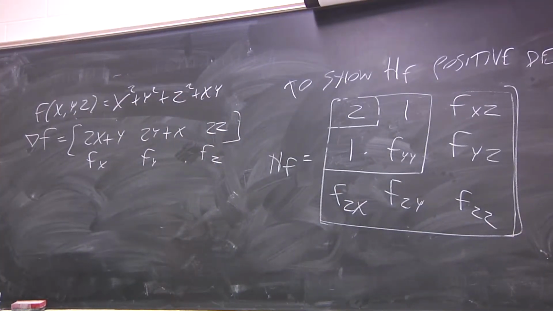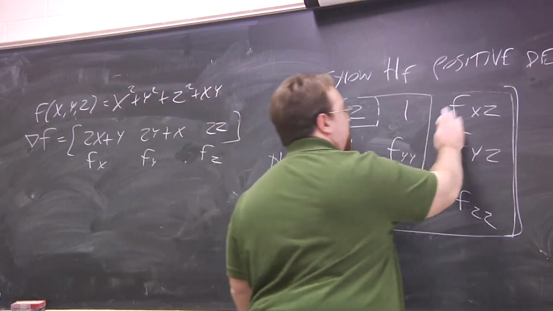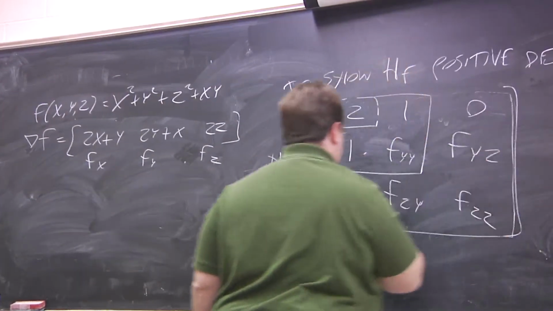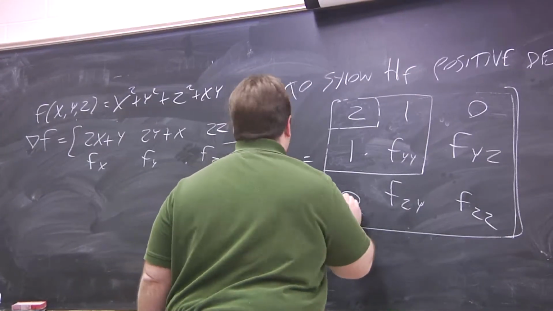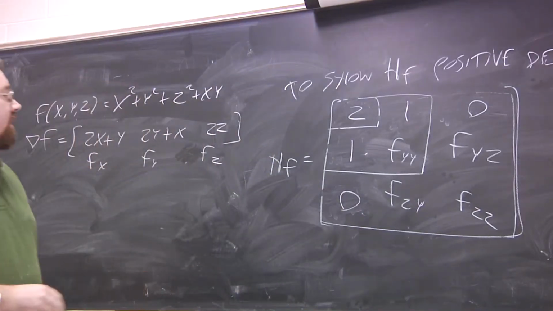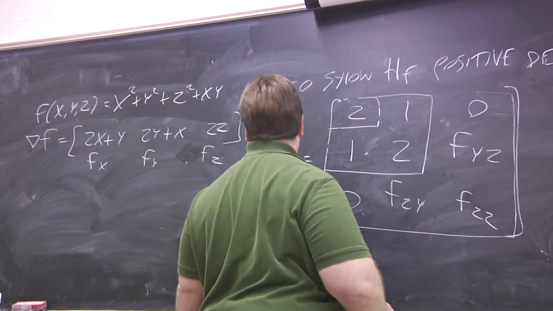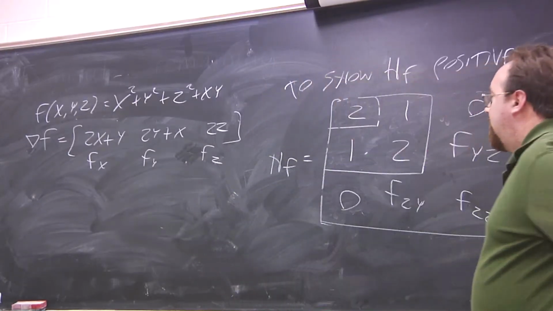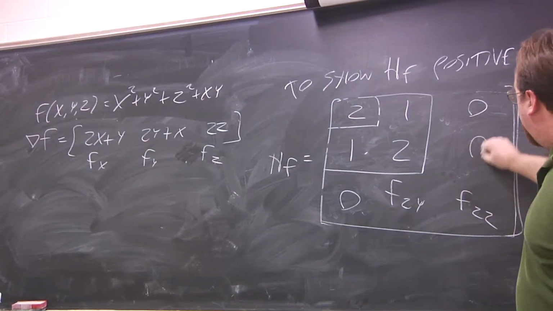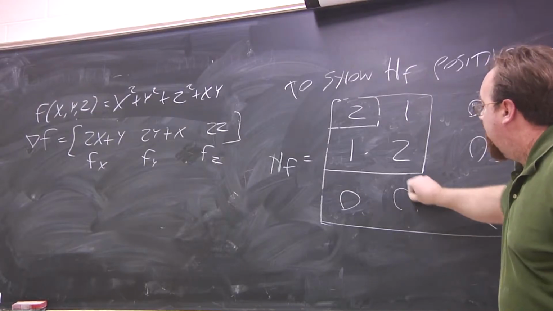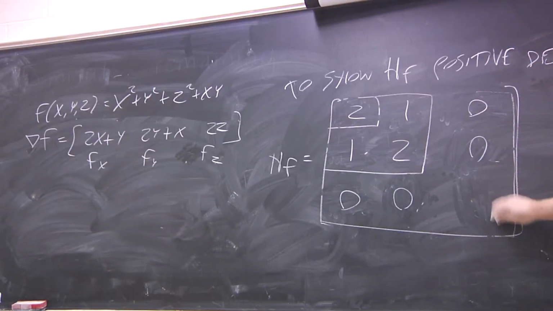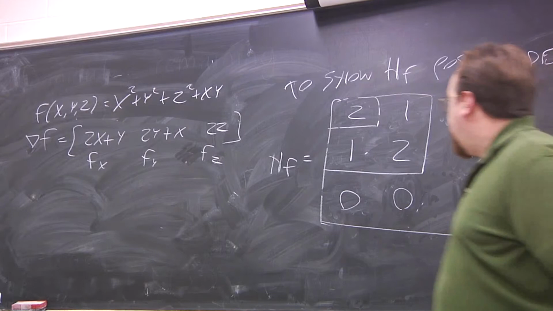Fxz, 0. So fx does not depend on z. So that takes care of this and this. Fyy, 2. All right. Fyz, 0. So that's zero and zero. And fzz is 2. All right. So that is your Hessian.